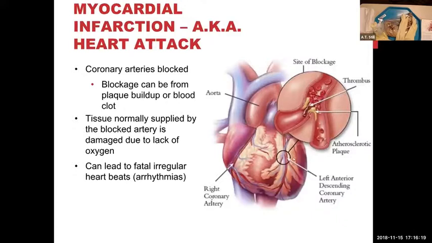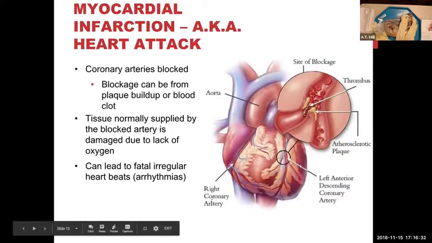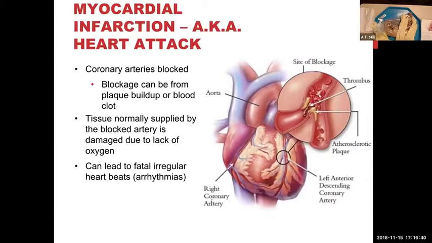So let's say we have a blockage right here in this area of the left anterior descending. Then everything past this blockage, all of this tissue in this area of the heart that's being supplied by the left anterior descending, is not going to get the proper blood supply because it's just blocked off right here by whatever is inside the vessel.